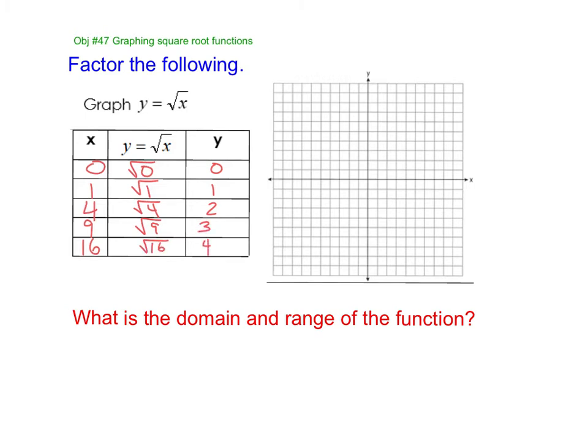And remember, this is the parent function, or as I like to say, the mother function, because it's funny sounding. So I'm plotting the points 0, 0, 1, 1, 4, 2, 9, 3, and 16, which doesn't fit, so I'm done.